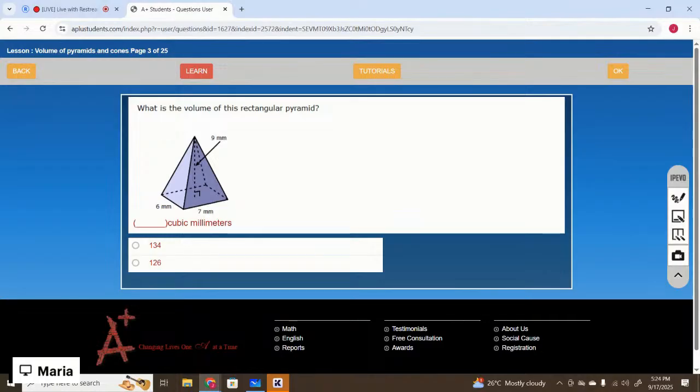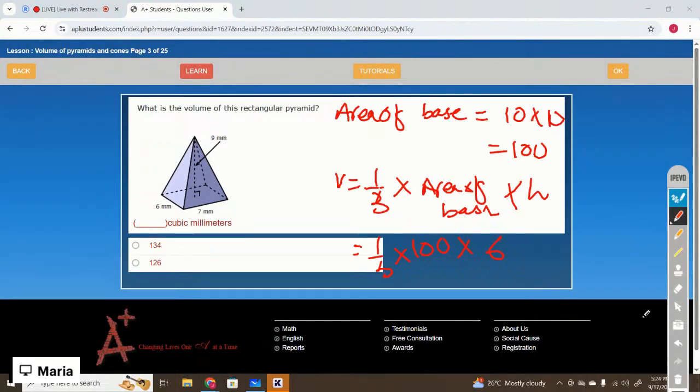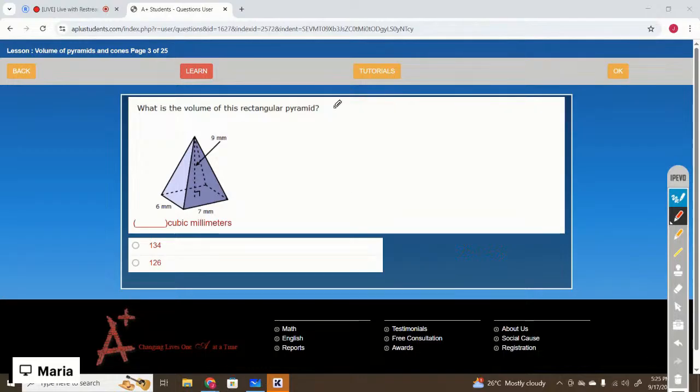What is the volume of the rectangular pyramid? Calculate the area of base first. That is 6 times 7, that is 42.